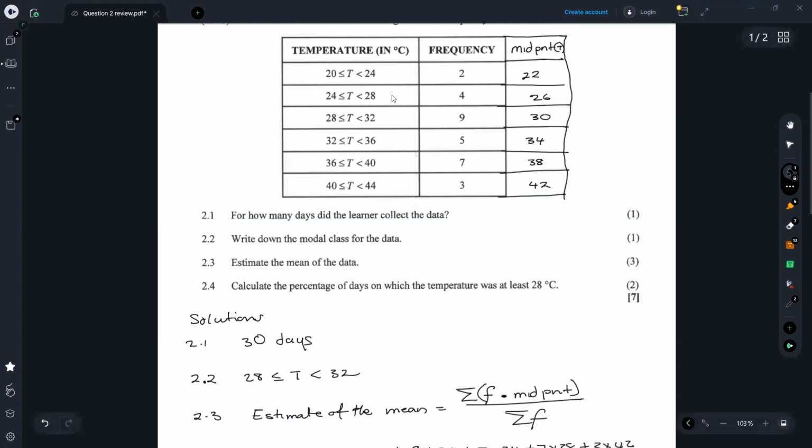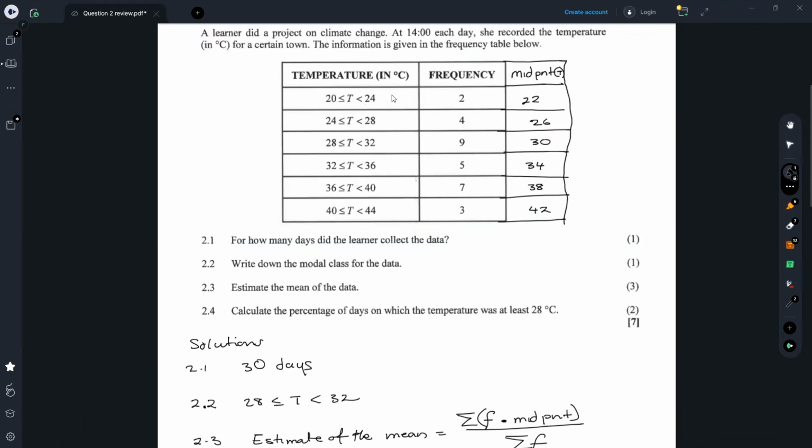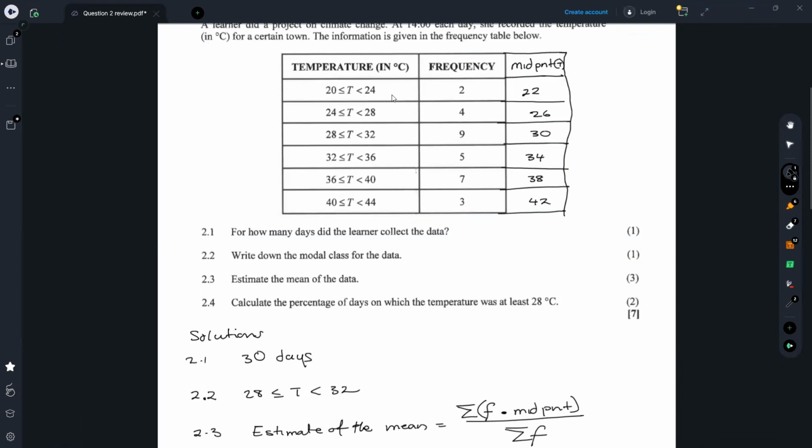So now looking at our data here, we see that where it was at least 28 degrees, the smallest number you can have in terms of degrees is 28, because it says at least.